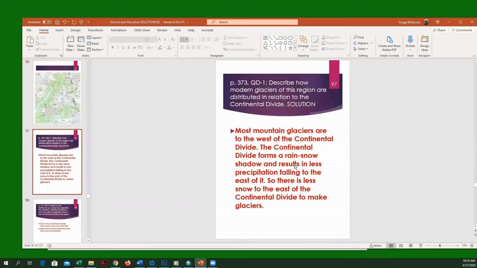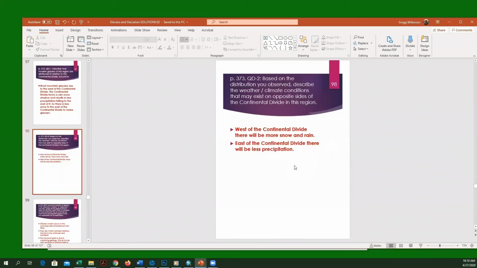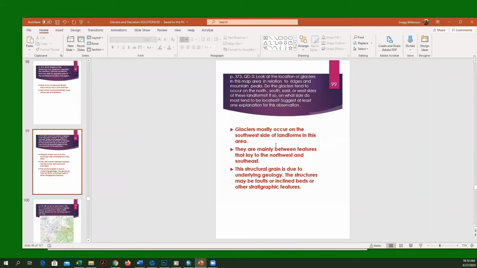So the answer there is glaciers mostly occurred on the southwest side of the landforms. They're mainly between features that lay northwest and northeast, and the structural grain is due to the underlying geology. Structures may be faults and inclined beds.